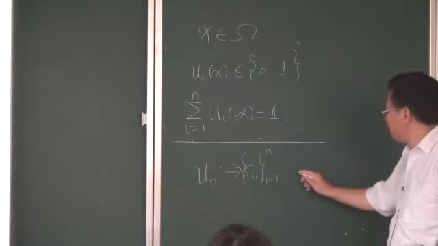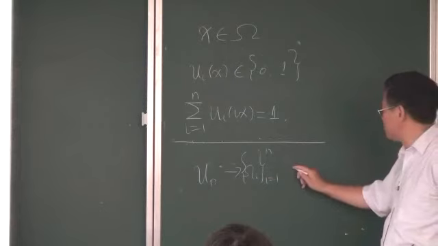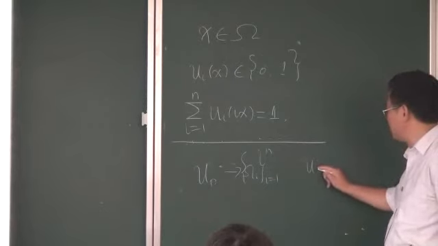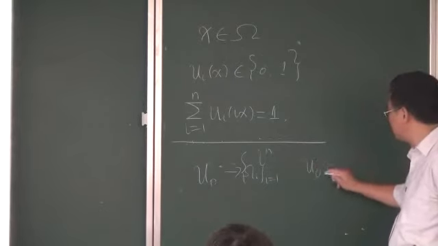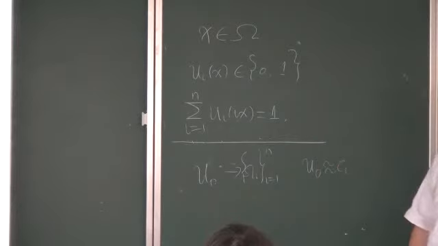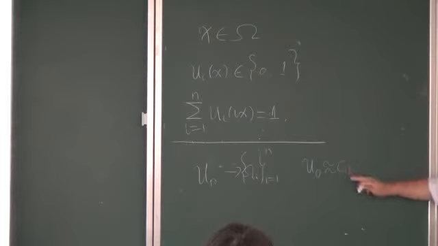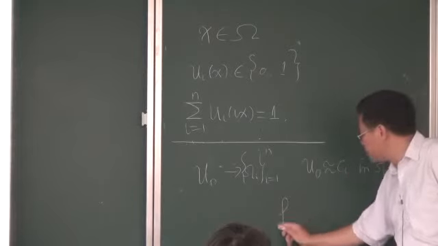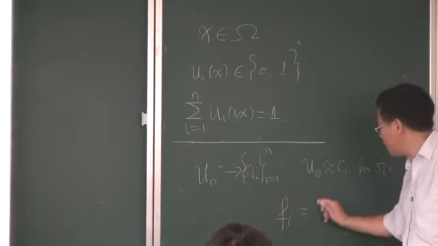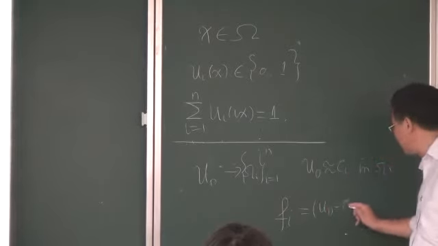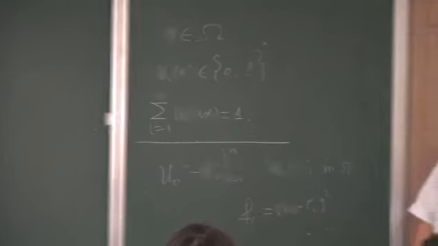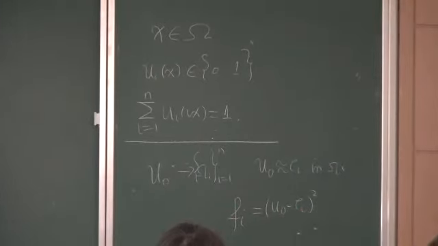Over each region, U0 should be close to one constant Ci in omega i. Assuming Ci is already known, I take Fi to be (U0 minus Ci) squared.